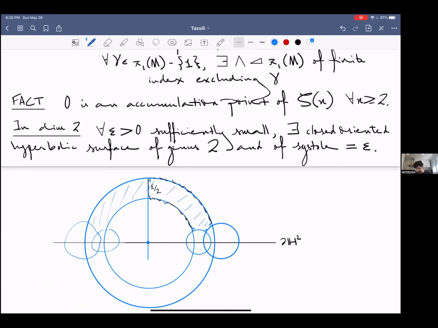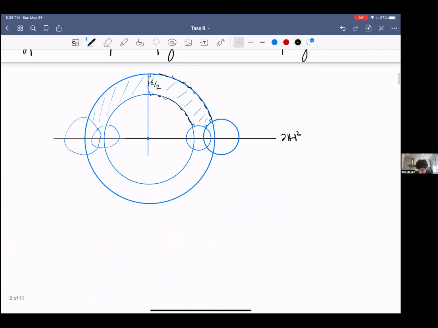And now we'll just build by hand a hyperbolic surface using this hexagon. So we have something that looks like this, and this length is epsilon over 2.